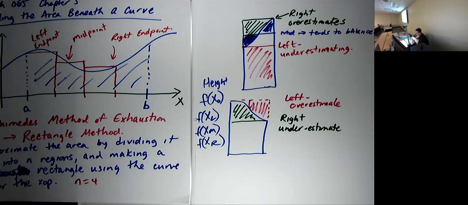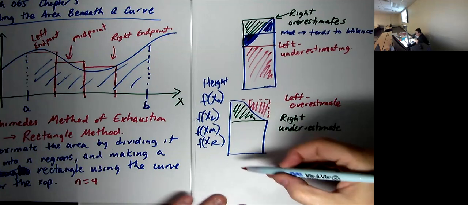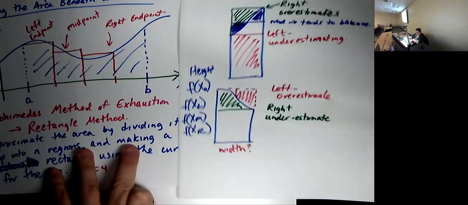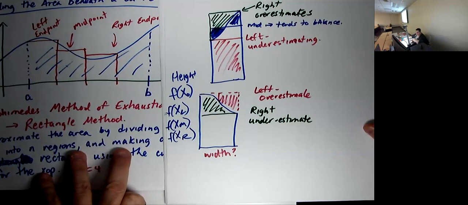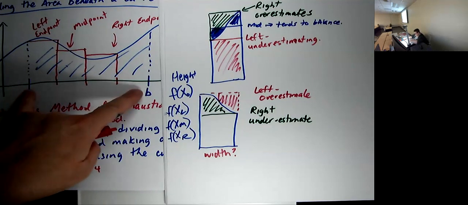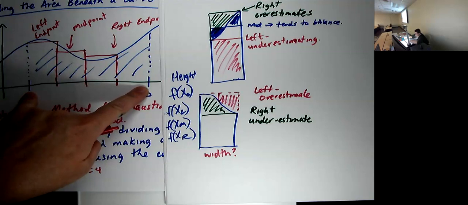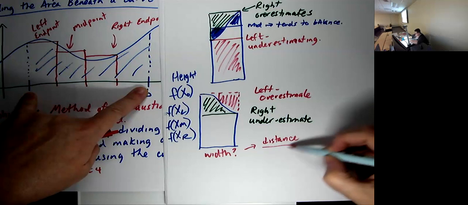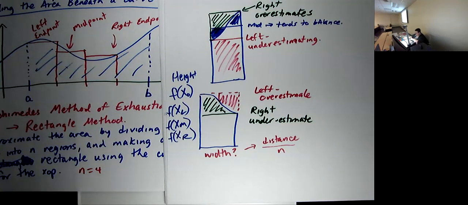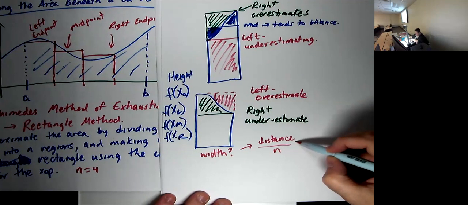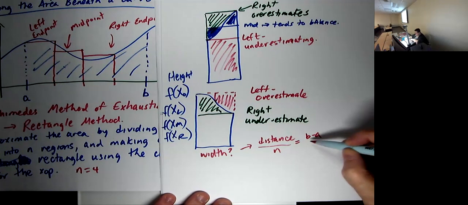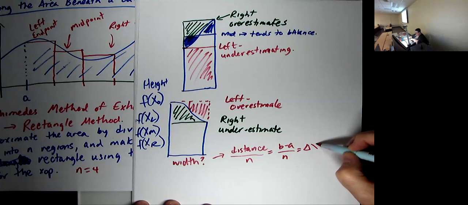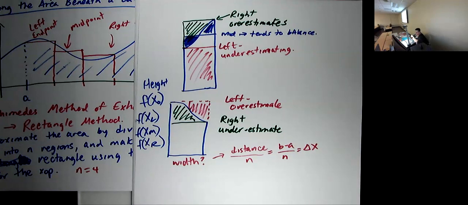The width, we need the width for a rectangle too, though. So what's the width? Well, we're taking this distance and we're breaking it up into n parts. Break the distance up divided by n pieces. And the distance is b minus a. So we have the width is b minus a over n. They usually call this delta x. It's the change in x.